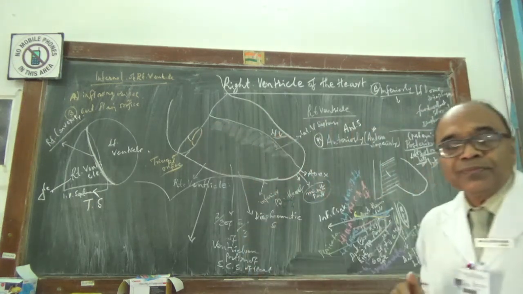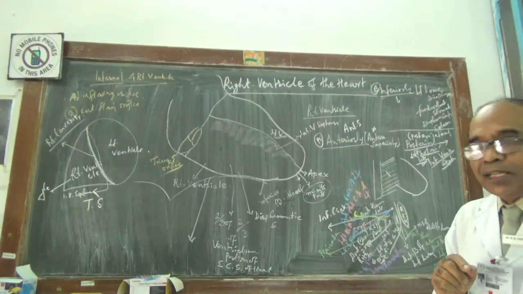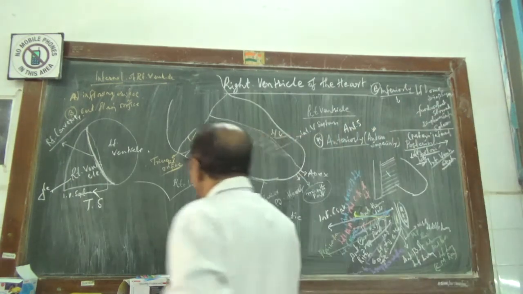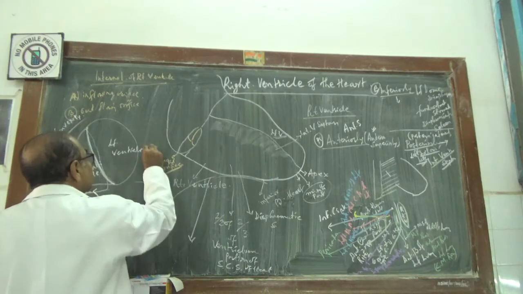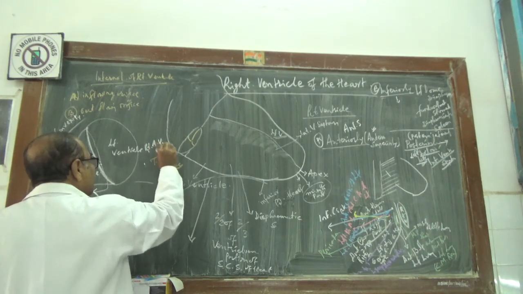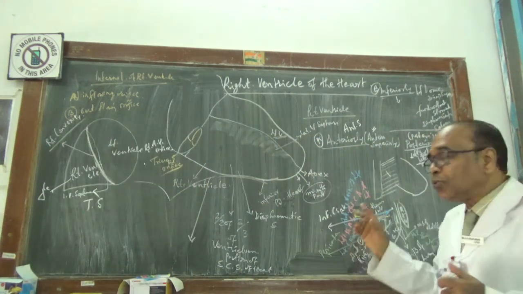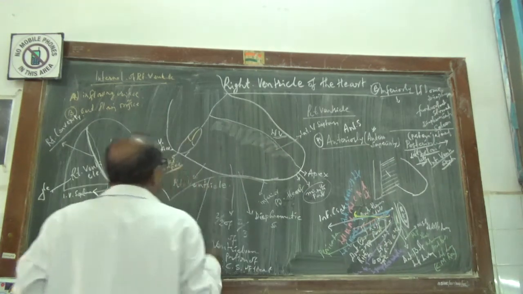So this right tricuspid orifice, or right atrioventricular orifice, exhibits 3 cusps.